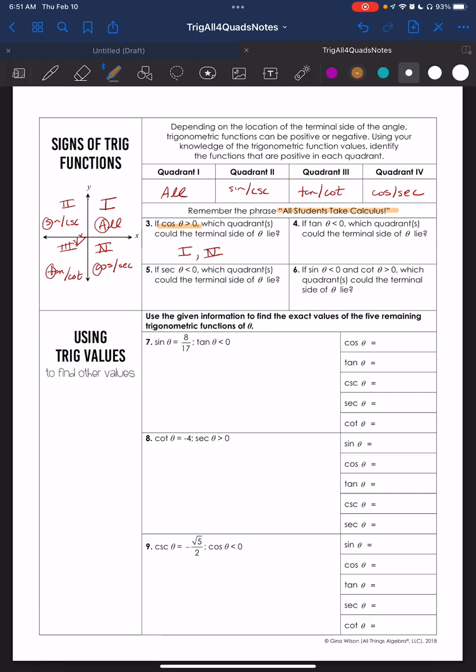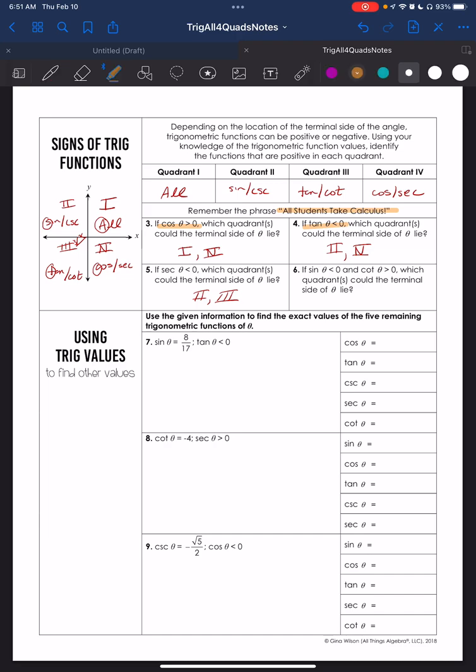If tangent is negative, which quadrants could we be in? Well, tangent is positive in 1 and 3, so we could be in 2 or 4. If secant is negative, which quadrants could we be in? Well, secant is positive in 1 and 4, so we'd have to be in either 2 or 3.